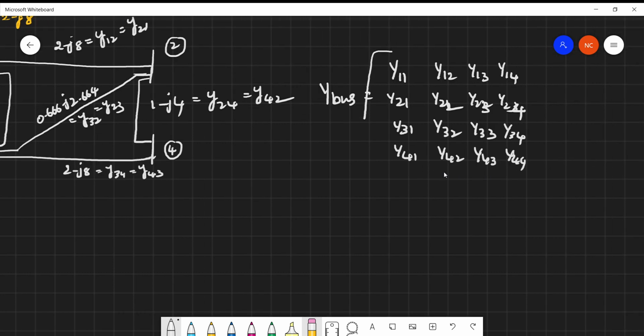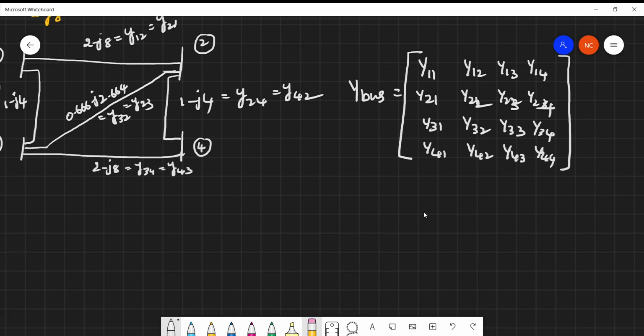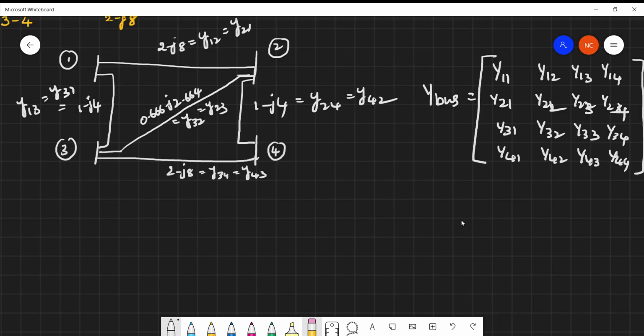Here we need to calculate the elements of the Y bus. We can categorize them into two parts: diagonal and off-diagonal elements. Let us go with the diagonal elements first. For Y11, just add all the line admittances incident at bus 1.